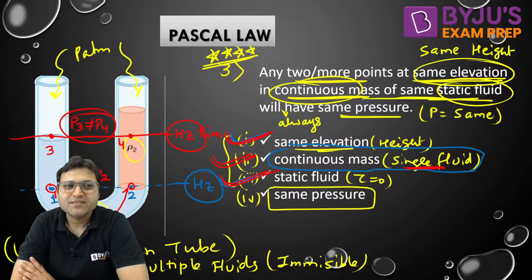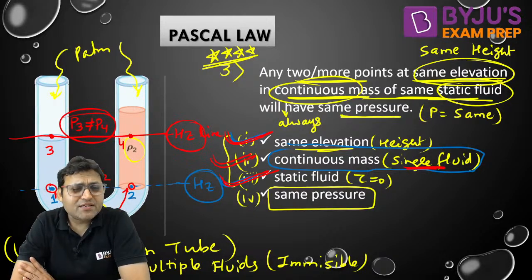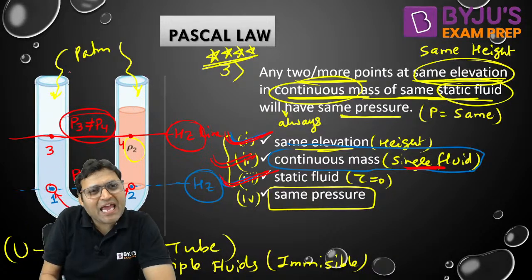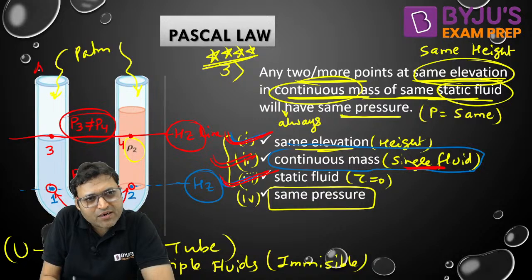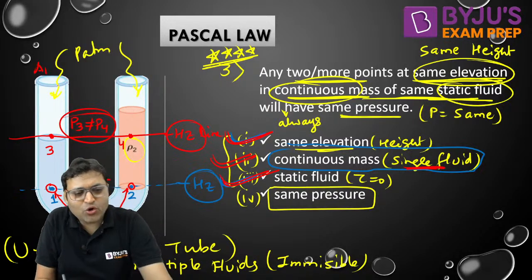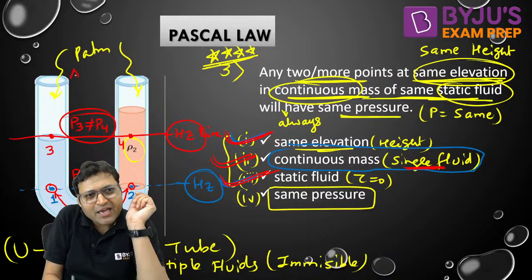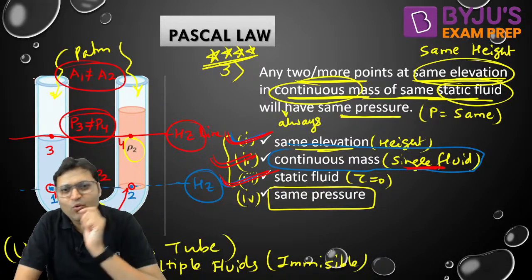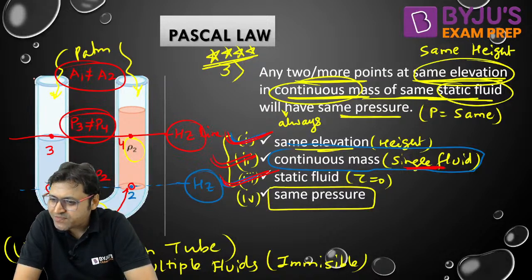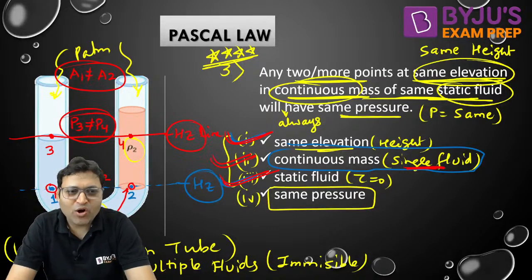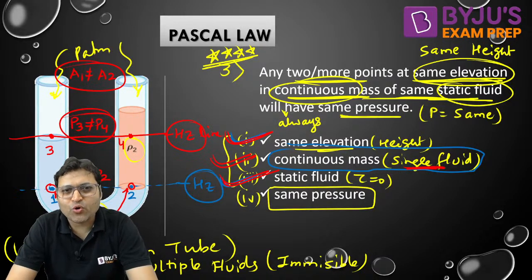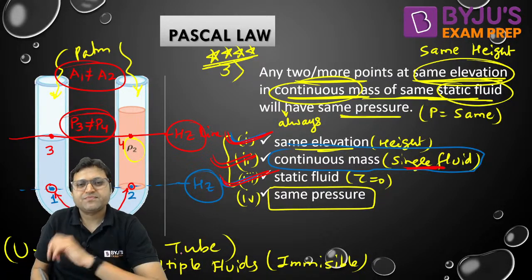Are you getting it? Now, what if the areas A1 and A2 are not equal? If the cross-sectional area of the left leg is not equal to the area of the right leg, will Pascal's law hold true or not?